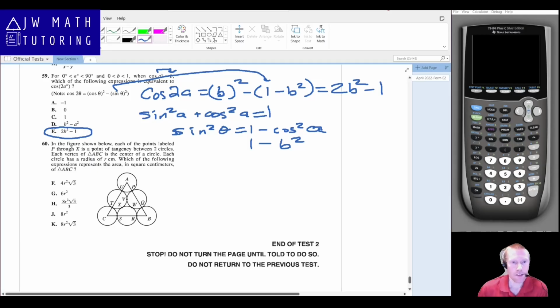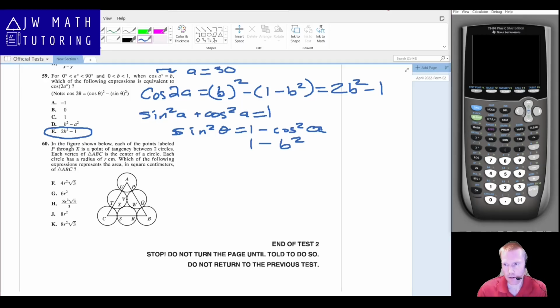Now, let's say you did not remember or never heard of that Pythagorean identity. Here's an alternate way that you could work out the problem just solely using picking numbers. So I'm going to let A be, I don't know, 30 degrees.